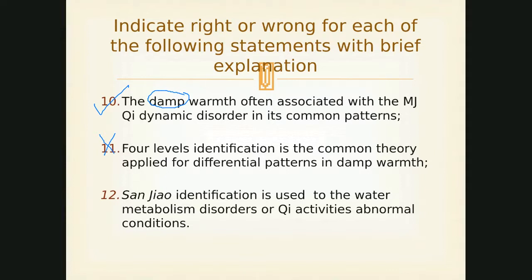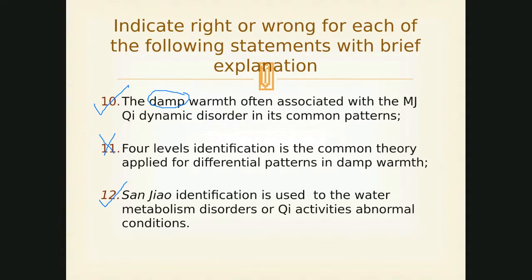Now, number 12, Sanjiao identification is used for water metabolism disorder or qi activity abnormality conditions. This is true because Sanjiao is governing what? Sanjiao is talking about the qi circulation, qi dynamics, qi activities, as well as water metabolism.